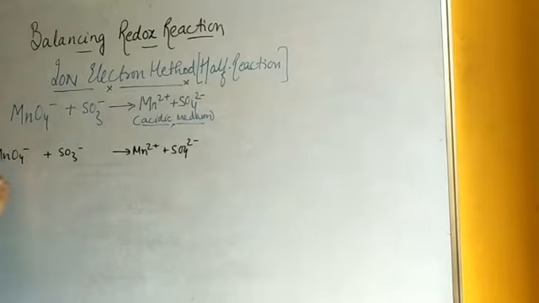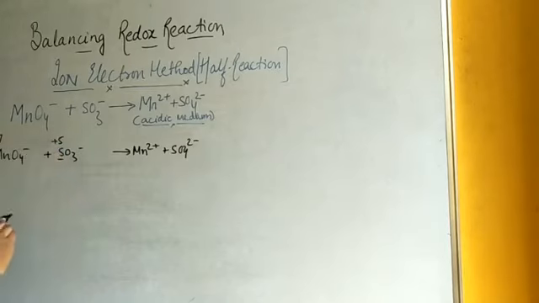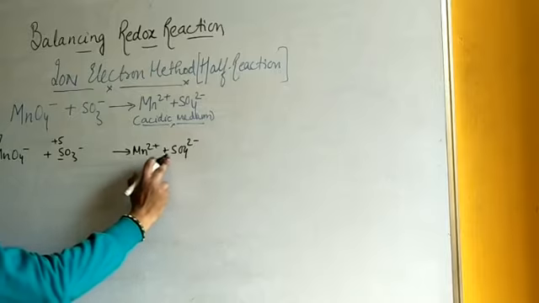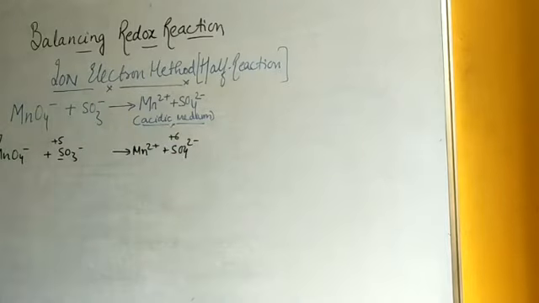So first you are going to write down the oxidation states. Here, students, it will be plus 7 for manganese, oxygen is minus 2, sulfur will come plus 5, manganese is plus 2 here, and here it will come plus 6, right?